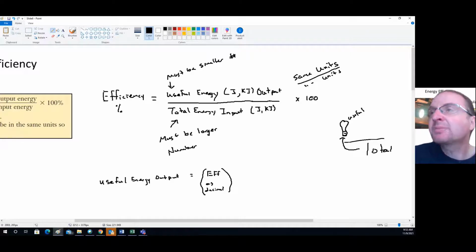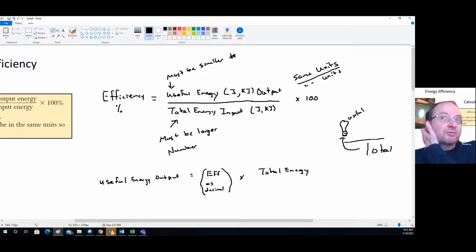Because you multiplied by 100 to turn it into a percentage. You change it back to a decimal, your efficiency number, and then multiply this by your total energy. Okay, so that's how to solve for efficiency. That's how to solve for useful energy.